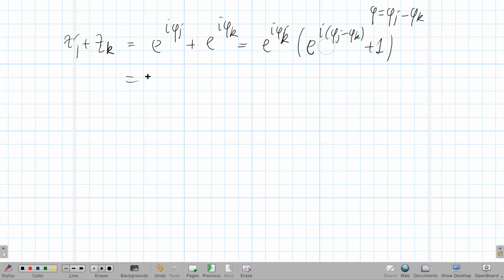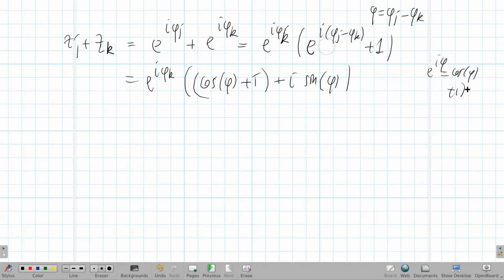So this phi is the angle between zj and zk. In front we have this, and then Euler's formula tells you that this will be equal to cosine of phi plus 1, where the cosine comes from here and the 1 comes from here, plus i sine of phi. We have used Euler's formula.